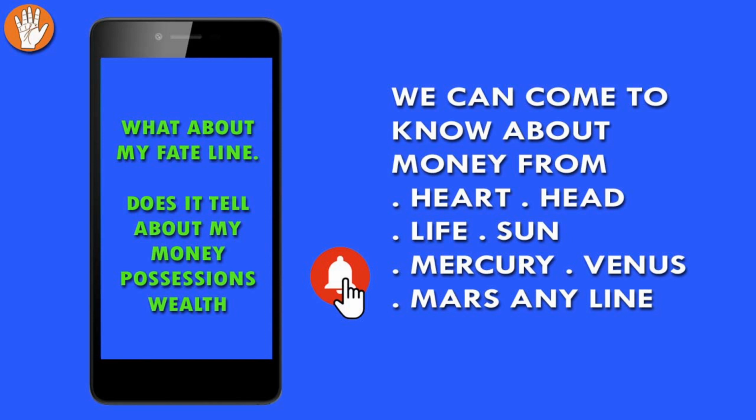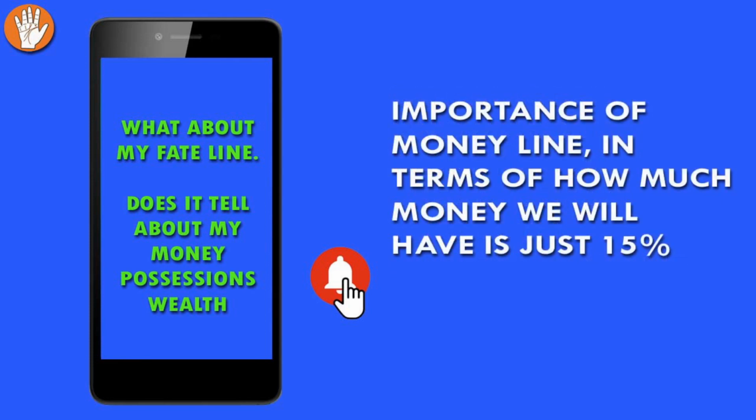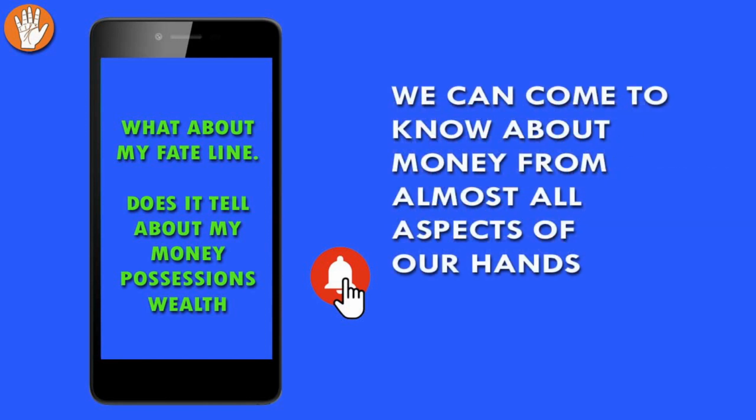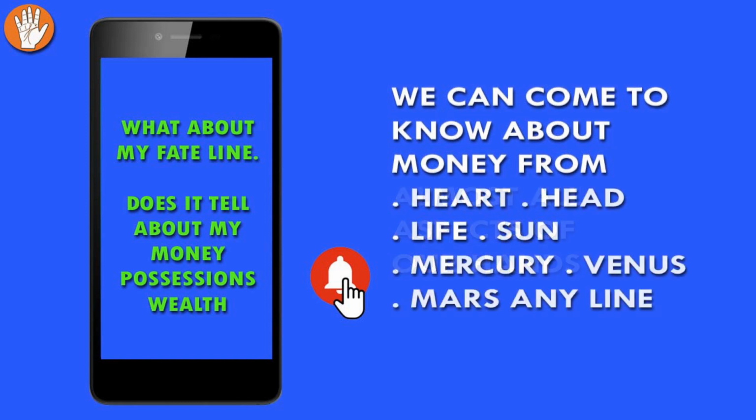And money can be seen on almost all areas of your palm, not purely on the money line. The importance of the money line in terms of money is just 15%, and money can be seen on your headline, your heart line, your lifeline.